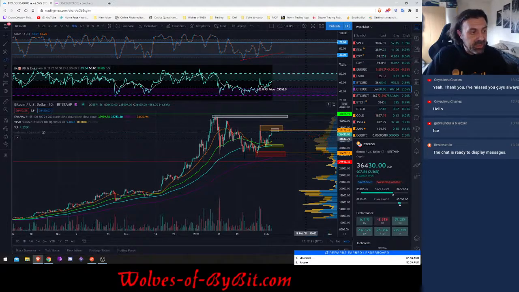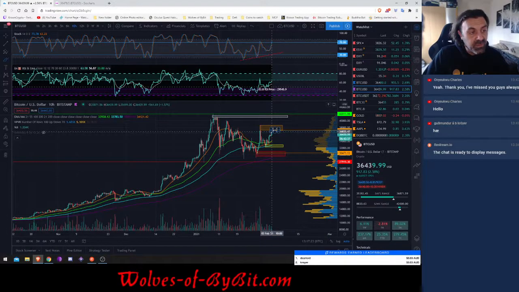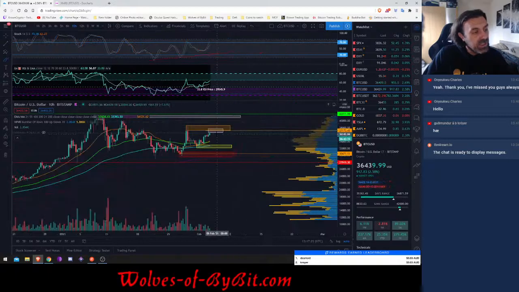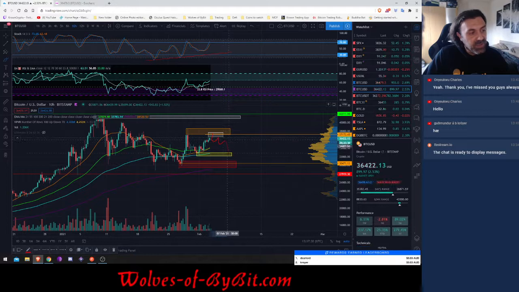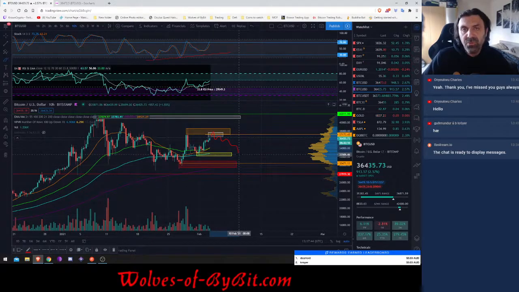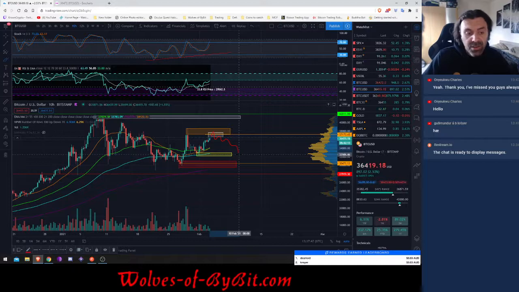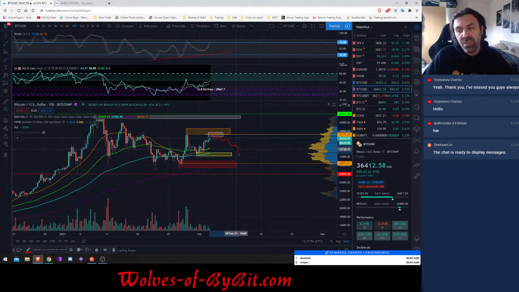Keep that in mind as well. Potentially, if we reject here, what's to be expected is bounces along the way. So even then, seeing this area being rejected, there are going to be many opportunities to wait for a confirmation and make a weighted and educated decision on which position you want to go into.